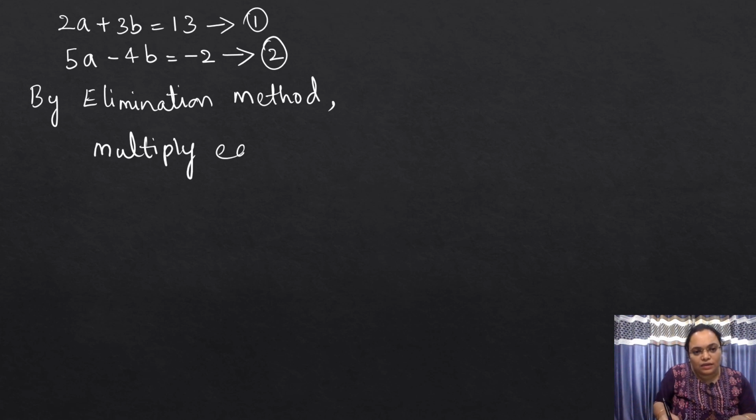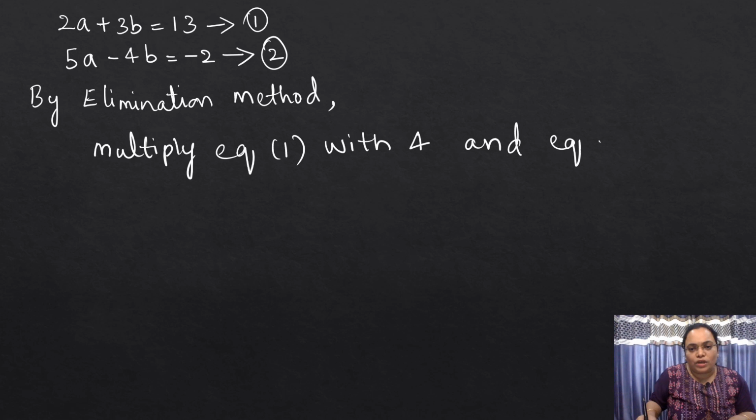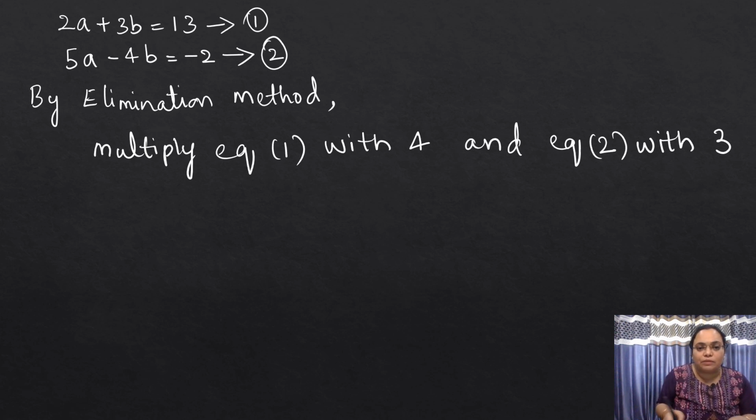Multiply equation 1 with 4 and equation 2 with 3. How will the equations change after multiplying? You multiply the first equation with 4 and the second equation with 3.